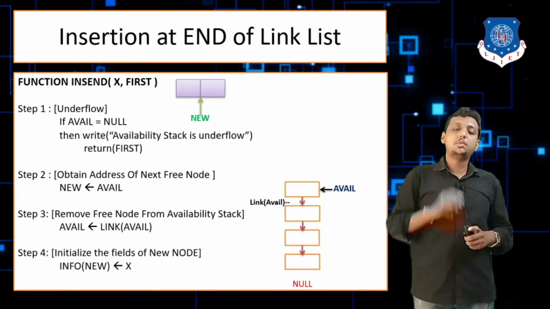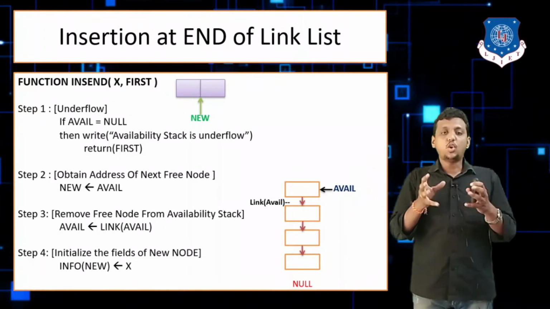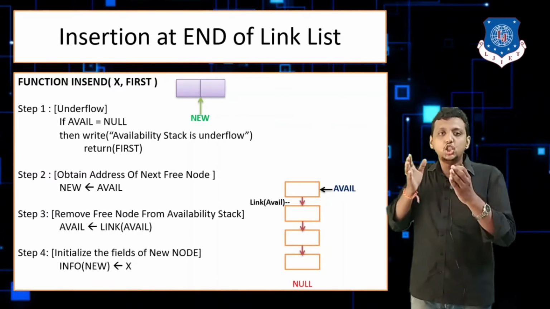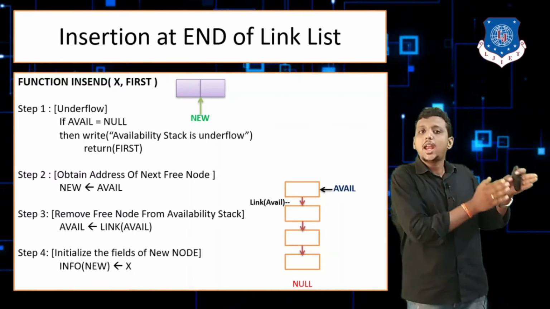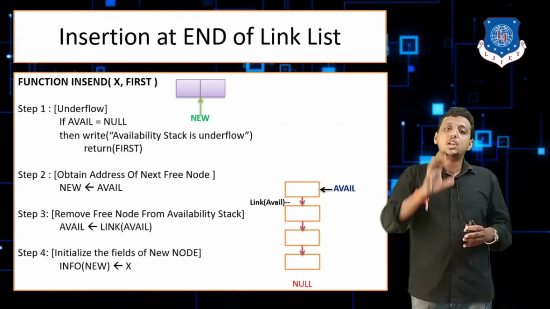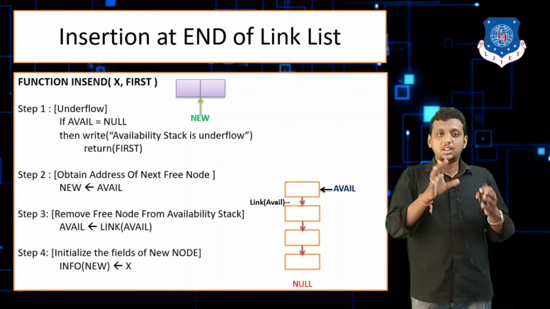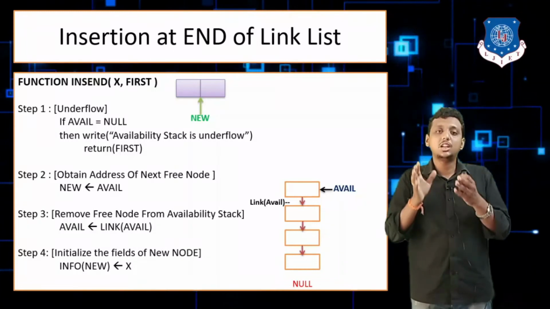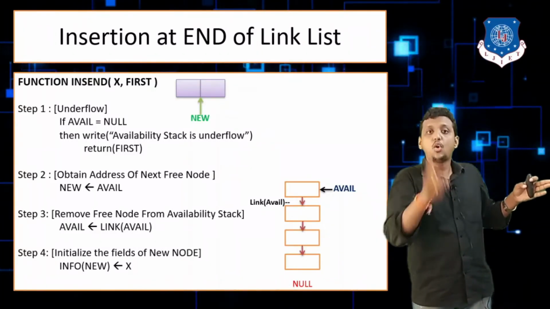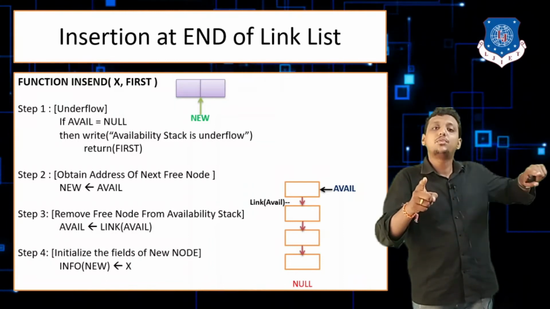Now let me know in this algorithm what we want to do exactly. Students, we want to insert a new node at the end of the linked list. If I want to insert a node at the end of the linked list, then what is the value of the link?